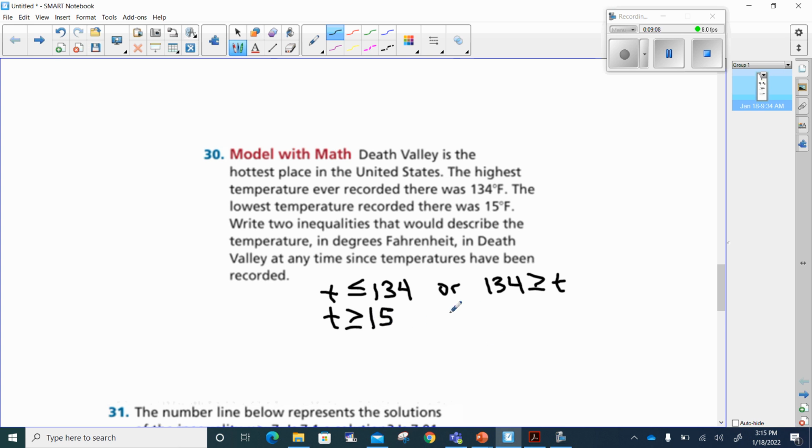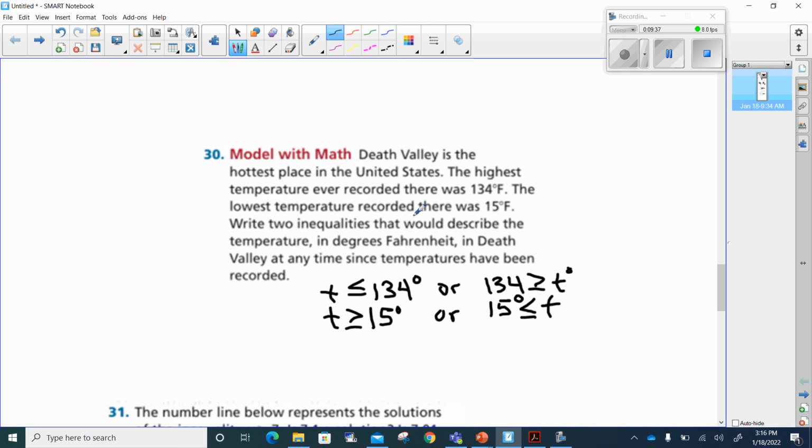Or equal to it. Or you could put 15 degrees, I guess we want to put the degree sign up here, is less than or equal to the temperature. Okay.